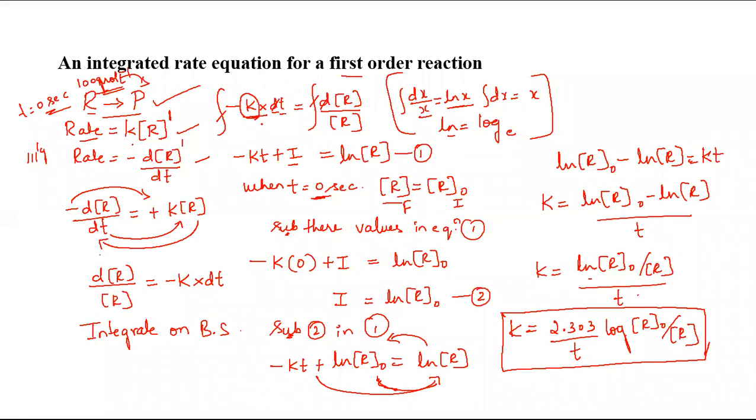Whenever you integrate a constant value, you have to take an integration constant also. Okay, so here this is in the form of integration of dx by x. So when we integrate dx by x, we get ln x. ln means log to the base e.